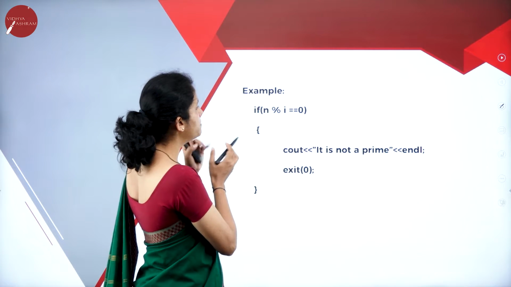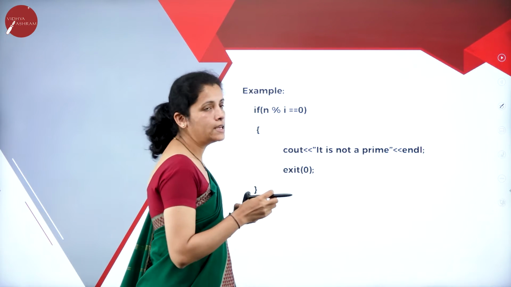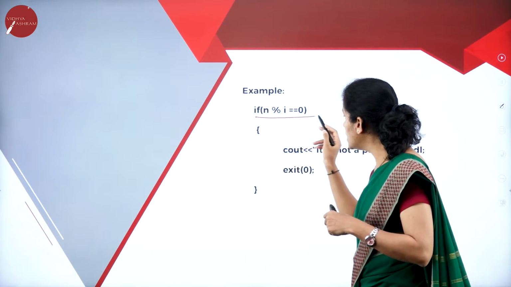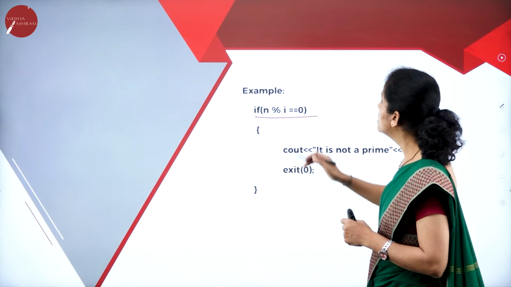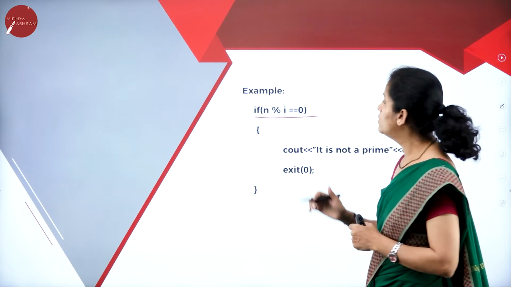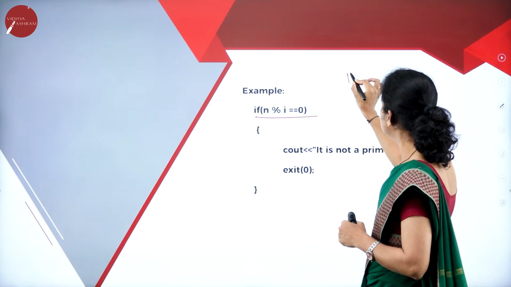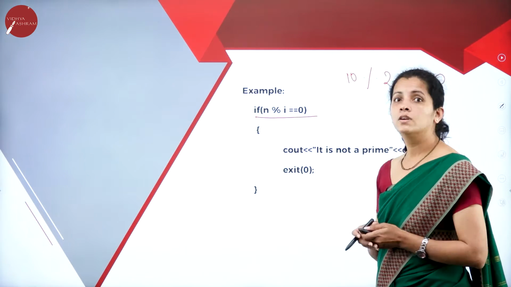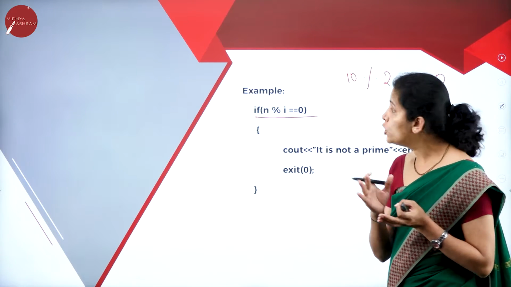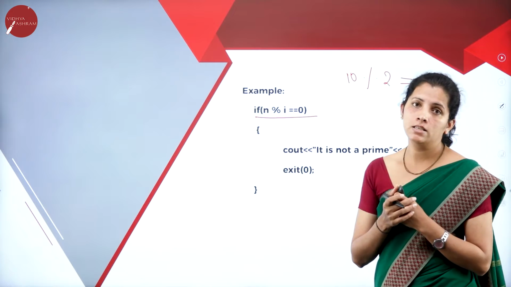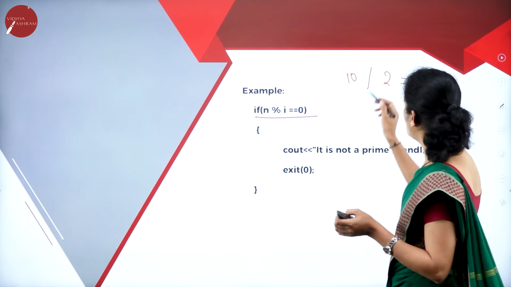See here, this is a simple example. Think that I have some condition: I have n and I value. Now n is 10 and i is 2. When I use the modulo operation, it returns the remainder. So what is the remainder?